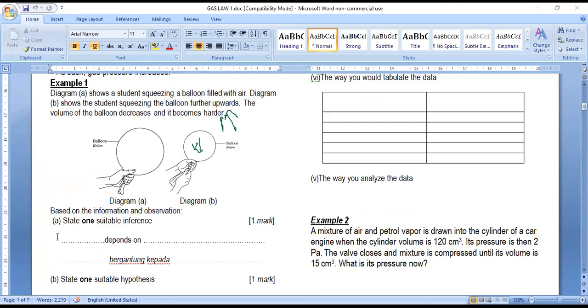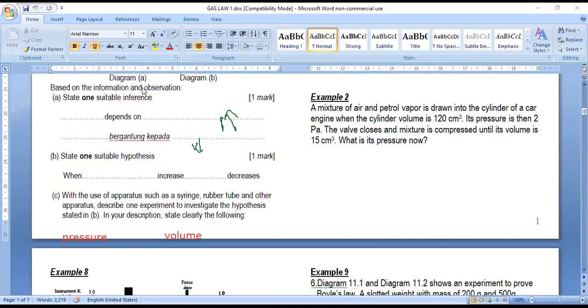The inference is that pressure depends on volume. Next, the hypothesis: when volume increases, pressure decreases.